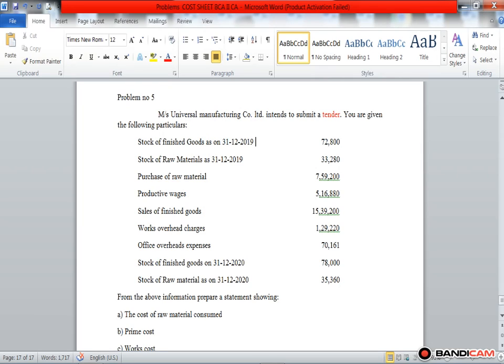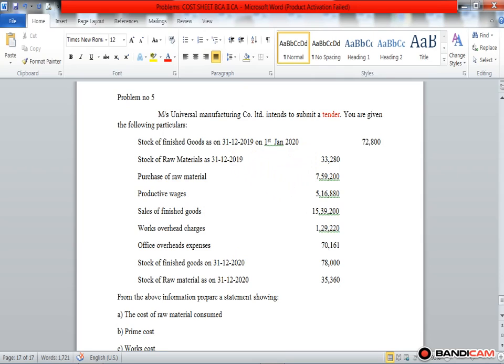It means the stock of finished goods is as on 1st January 2020. Okay.